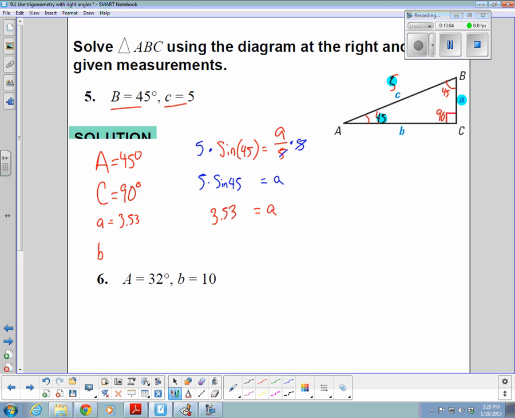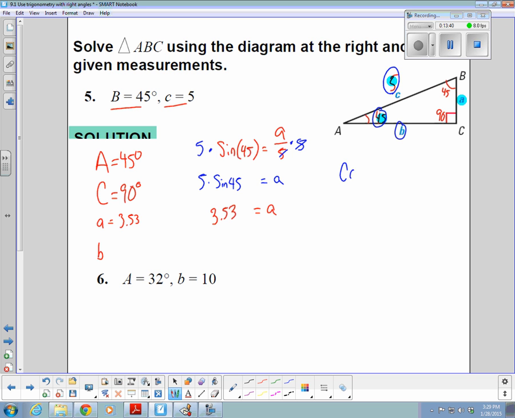We found a, and now I'm going to look for b. That's the last one I need left. I'm going to look for this value right here. If I'm using the same angle, angle A, that means I'm going to use cosine, because I have the hypotenuse, I have the adjacent, and I have the angle.